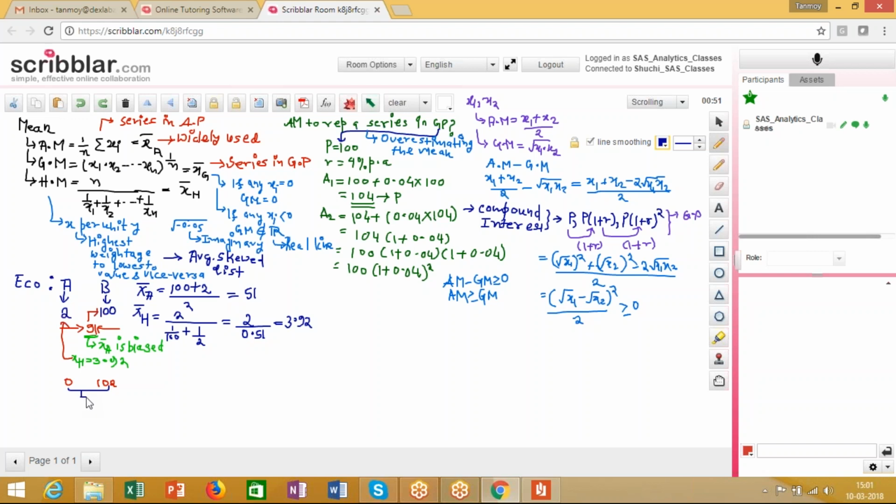If you want to compute the harmonic mean for this income distribution, it will be undefined, because the harmonic mean calculated will be 2 divided by (1 by 100 and this divided by 0), which is undefined.